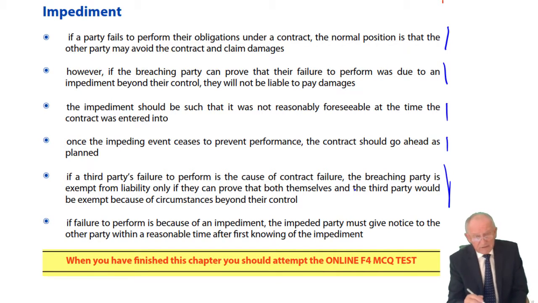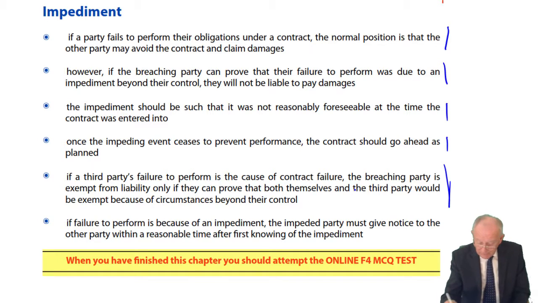I will only be exempt from liability if I can show that not only me, but also the local government was impeded by matters beyond either my or the local government's control. If it wasn't an impediment that the local government was suffering, then I remain liable. But I would likely recover from the local government.